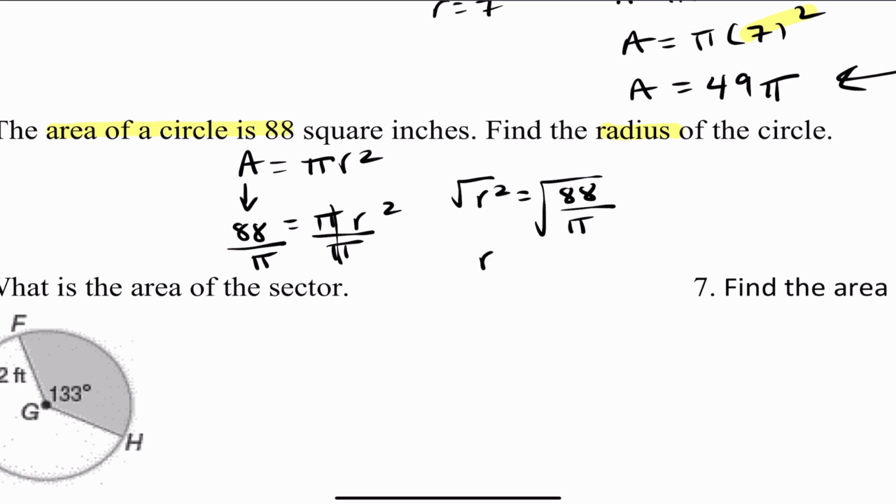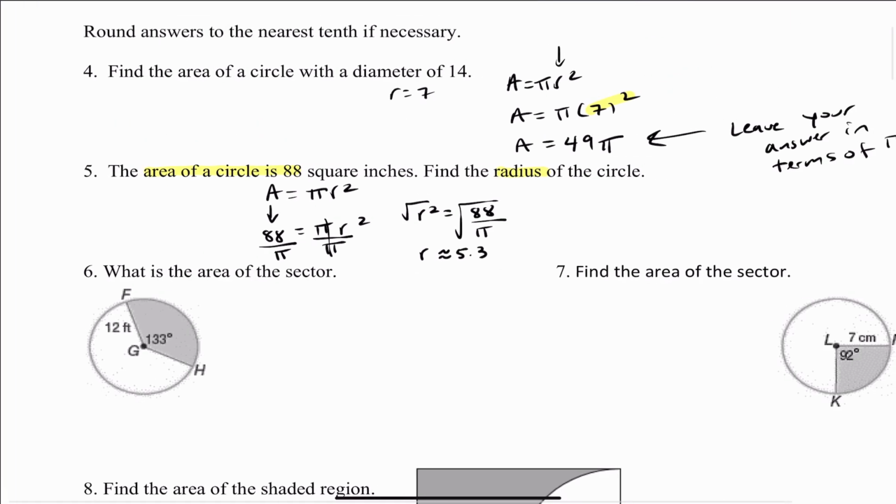So r is going to be approximately 5.3, and this is where we're going to round the answer to the nearest 10th. If you input the square root of 88 divided by pi into your calculator, you should get approximately 5.3 what? Inches.